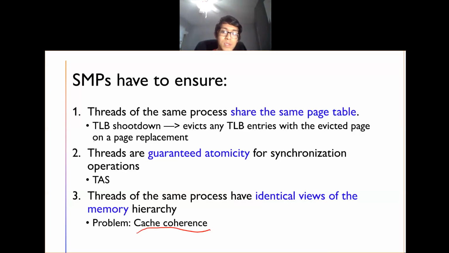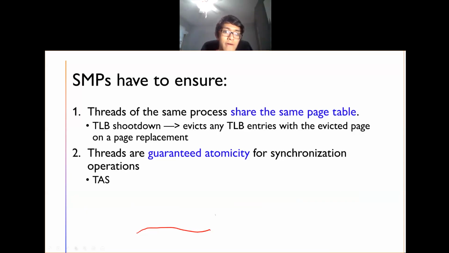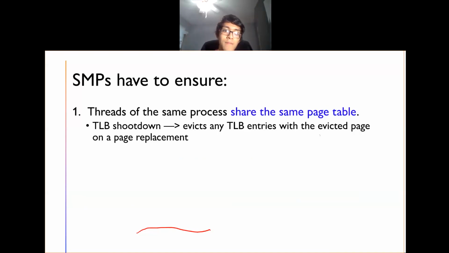So these are the 3 things that an SMP, a symmetric multiprocessor, must ensure in order to be a fully functional multiprocessor. Besides solving the problem of cache coherence, we also have to make sure that number one, all of the threads of the same process share the same page table.